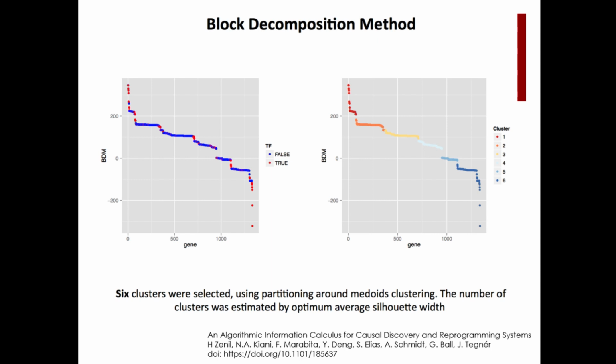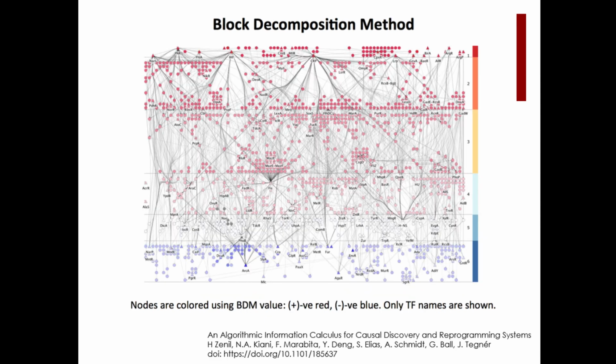So because a lot is known about the E. coli and all its genes, and in particular the transcription factors, we extracted the gene ontology values for each gene in each cluster and see if such genes in the same cluster were associated to similar processes. And it turns out that they did.